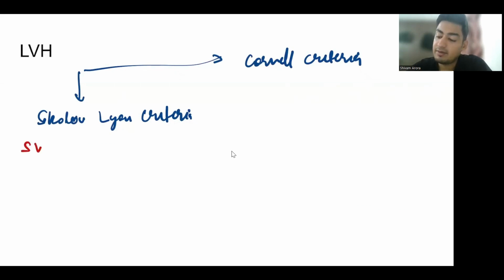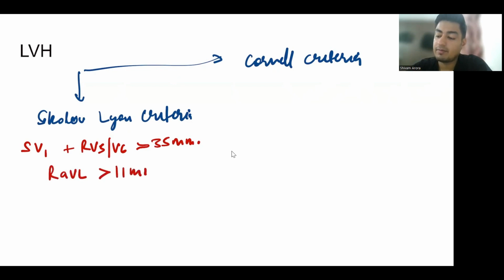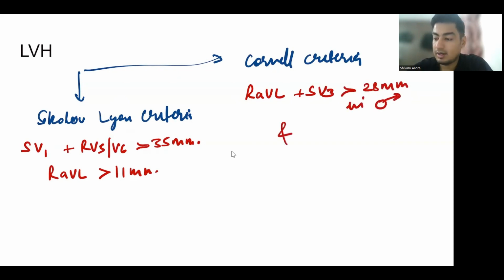One is S in V1 plus R in V5 or V6 should be more than 35 mm. Another component is R in AVL should be more than 11 mm. And in Cornell's criteria, we have R in AVL plus S in V3 should be more than 28 mm in males and more than 20 mm in females.